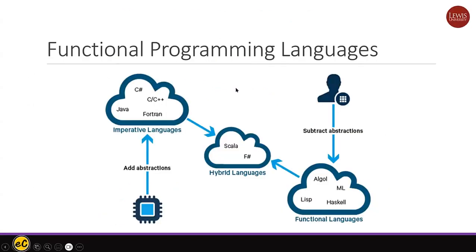So with functional programming, if you add a little bit of abstraction from your machine code, you go to high level languages. And then human thinking is more abstract. So you subtract some abstraction, you put it into rules, then you come up with Lisp, ML, Haskell languages.